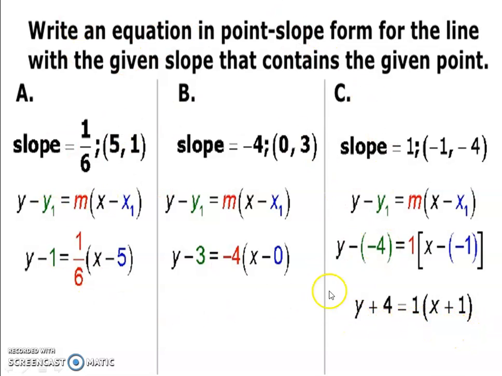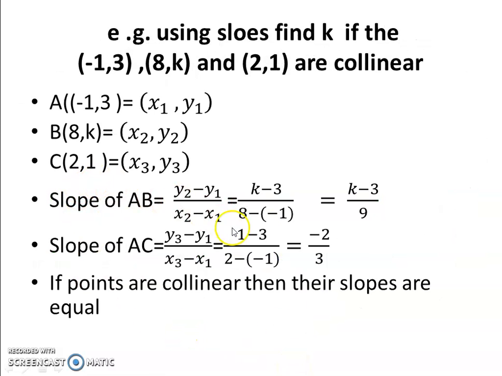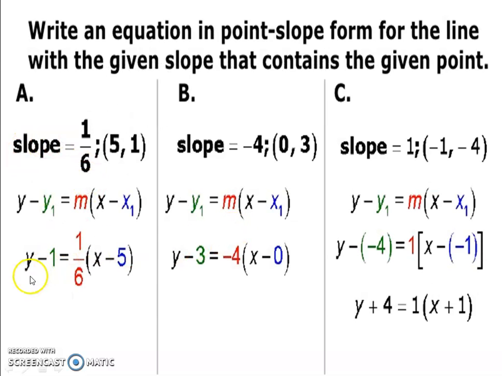In the first example this line lies in the first quadrant, the second line lies in the second quadrant, but this line equation lies in where? Yes, it lies in the fourth quadrant.